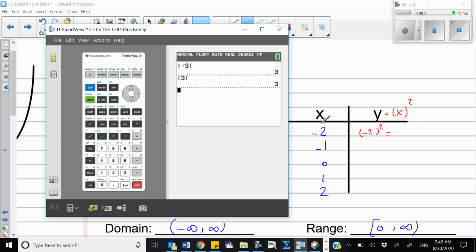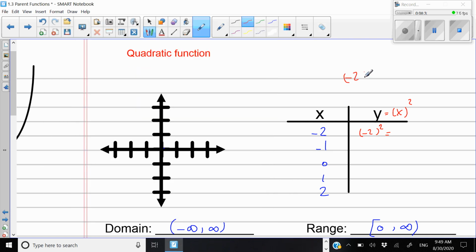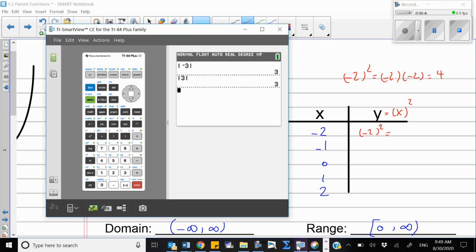We know that (-2) to the power of 2 is -2 times -2, and a negative times a negative is positive, 2 times 2 is 4. So the answer should be 4, okay? If I don't put parentheses when I'm using my calculator, this is what I'm going to get. -2 to the power of 2, okay?